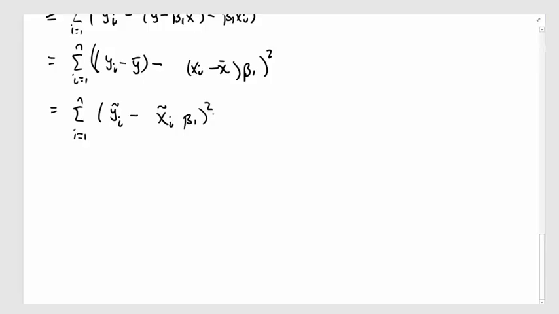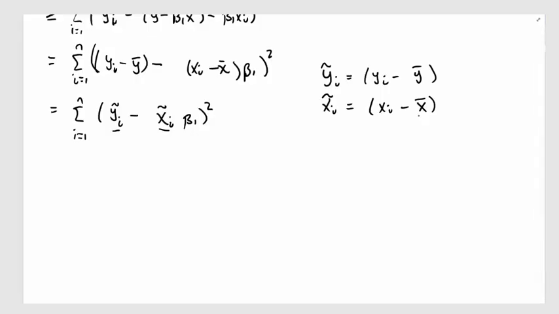This is exactly regression to the origin, where now my outcome is y tilde and my predictor is x tilde, where yi tilde is equal to the centered y's, yi minus y bar, and my xi tilde is equal to the centered x's, xi minus x bar. Well, we know what the least squares estimate for this equation is.